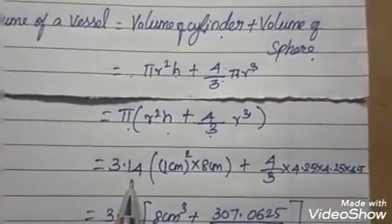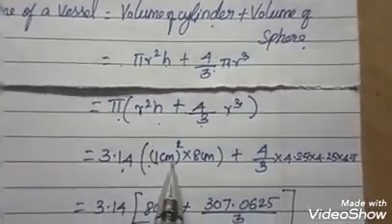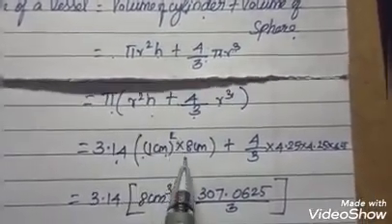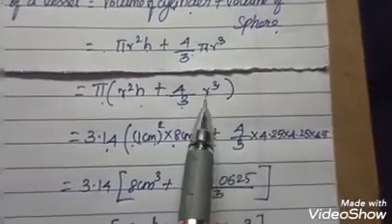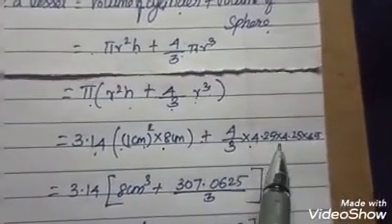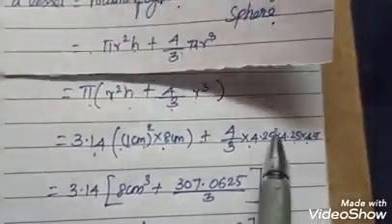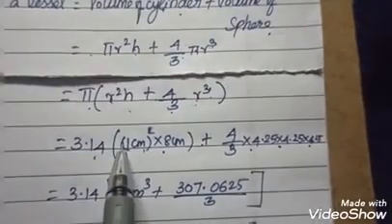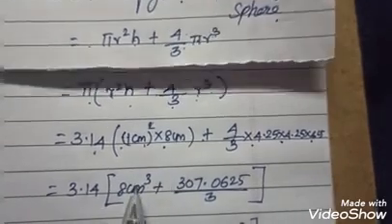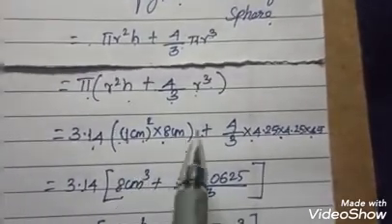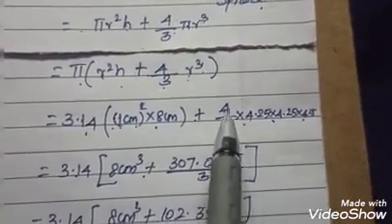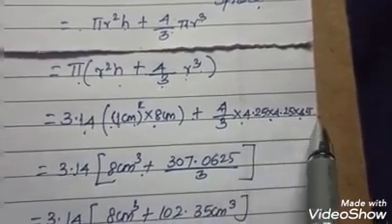Pi is 3.14, r square is 1 centimeter square and height is 8 centimeter, plus 4 by 3 into 4.25 into 4.25 into 4.25. So 1 square is 1, 1 into 8 is 8, and 3.14 remains the same.